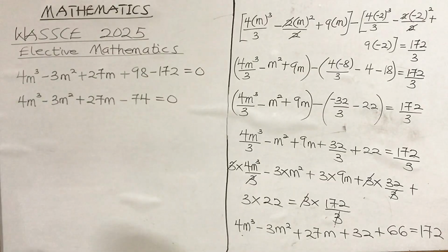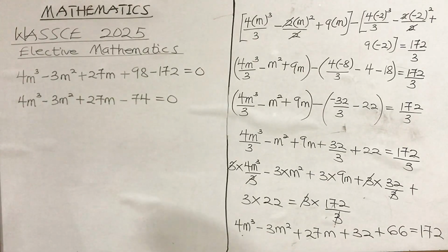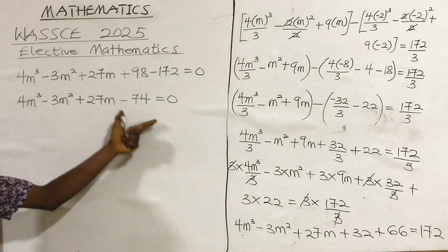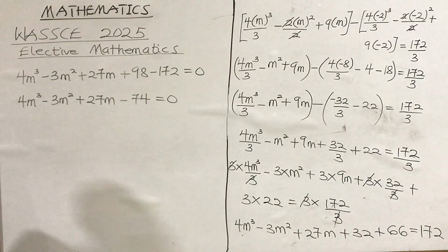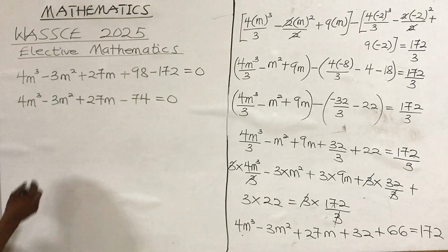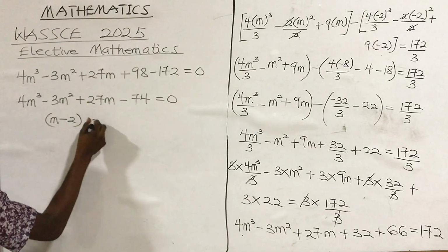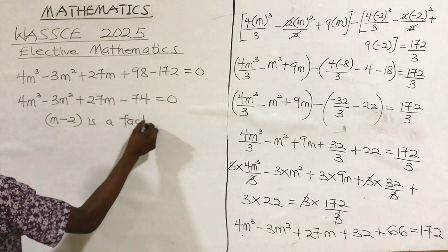Now, when you get here, we need to get one factor which can divide this completely. So from this polynomial function, m minus 2 is a factor.